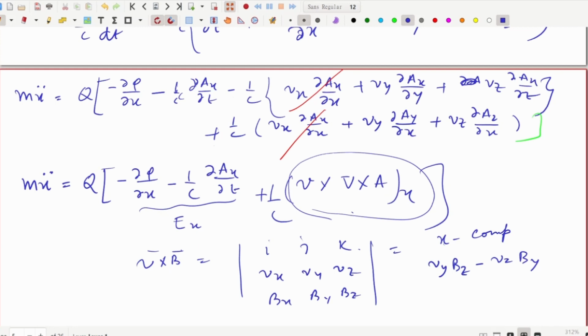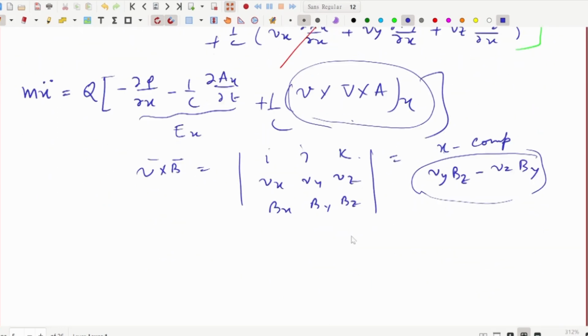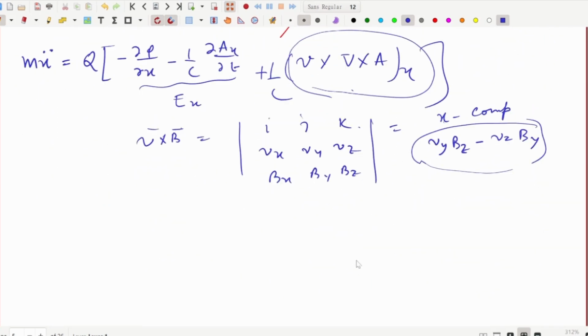The x component will be this. Now, we have to find the B z and B y components, and then we will substitute. So, B is curl of A. Again i j k, del x del y del z, and then you have A x, A y, A z.